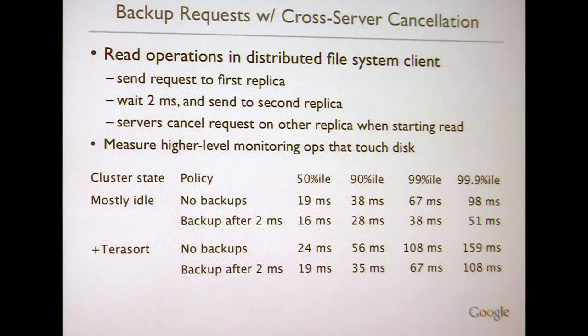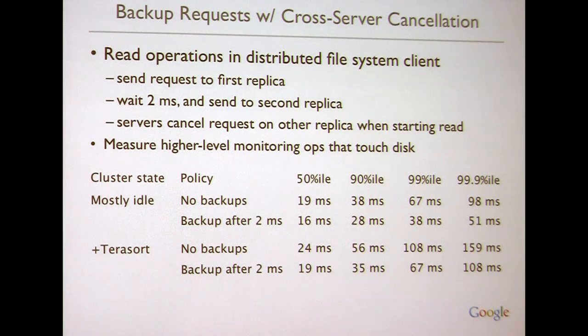So that's good. But what about if you're also running a really intensive sorting job on the cluster? So this is essentially running a big MapReduce that's sorting a huge amount of data. And so now all the machines in the cluster are essentially doing a lot of other work in addition to trying to service your monitoring apps. And you see the latency goes up a fair amount in both the no backup and the backup case.